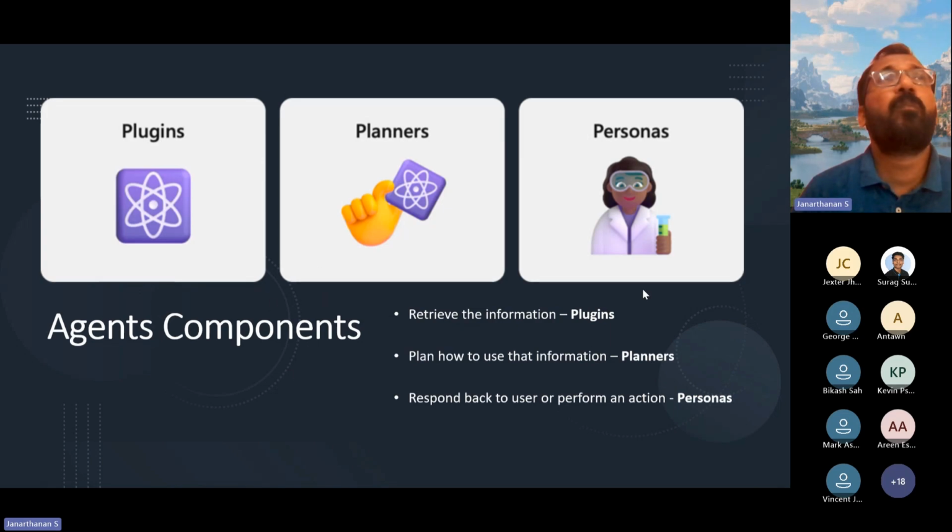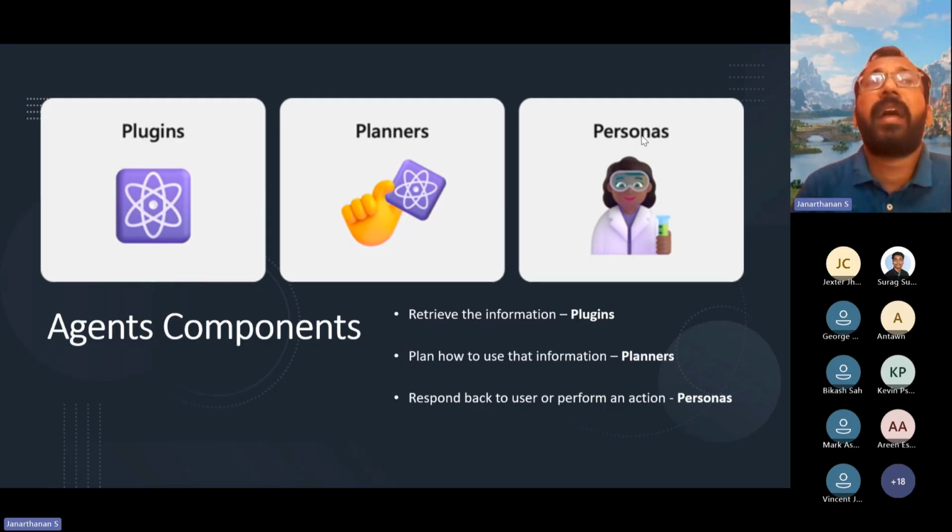And if I want to plan any particular information with the help of your semantic kernel, then use planner as one of the components. And the third component is persona. Persona usages: once the plugin is used in your code and you will be able to plan the overall project, there are certain basic system messages if you want to retrieve back or respond back to the user, you will be using various types of persona.